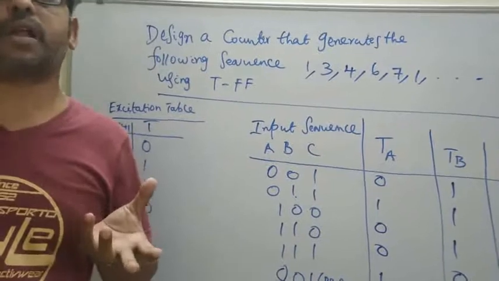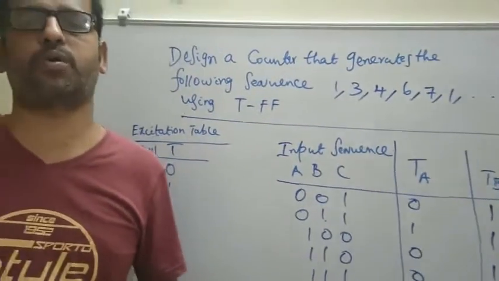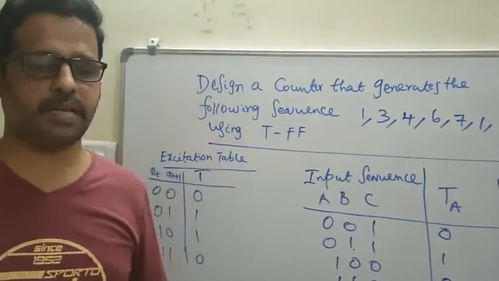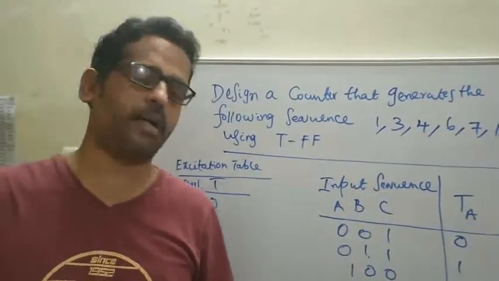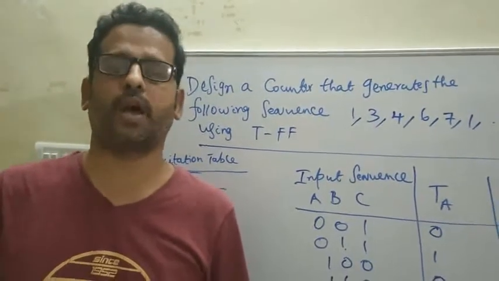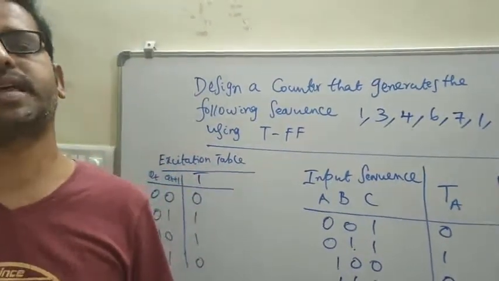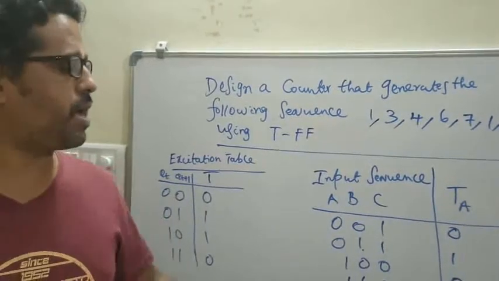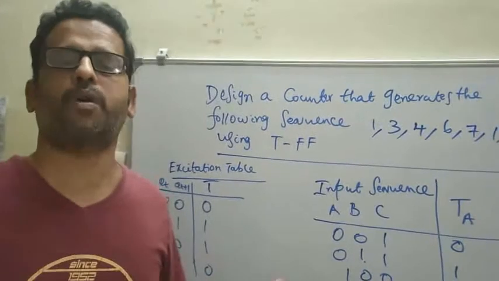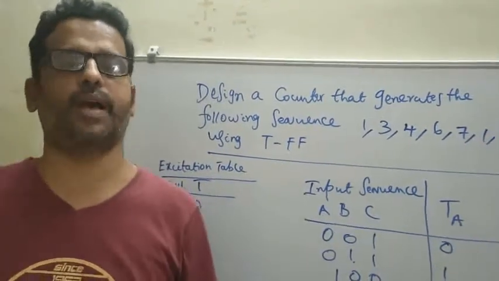If 3 bits are required, how many flip-flops are required to design this counter? 3 flip-flops. Once again, if there are n bits, then n flip-flops are required. Here we are representing each state in terms of 3 bits, so for this problem also we need 3 flip-flops.